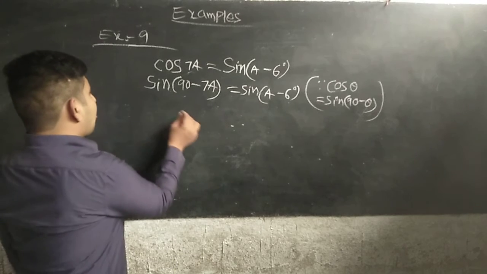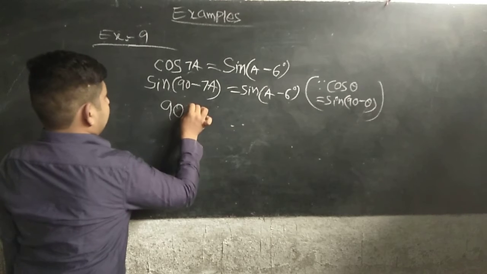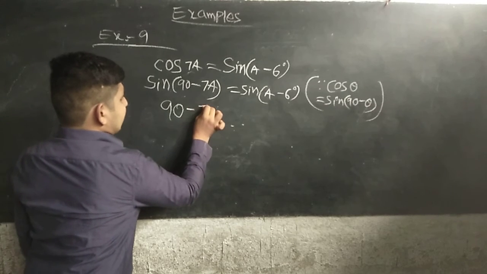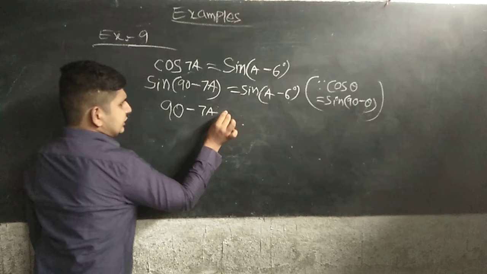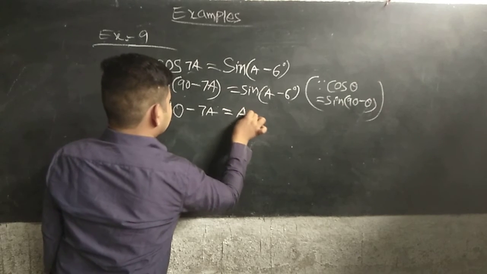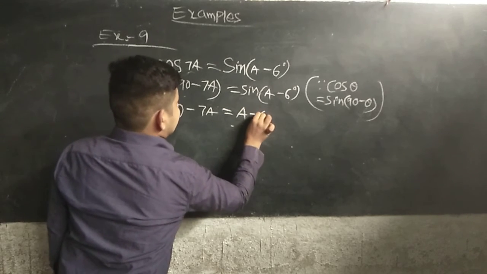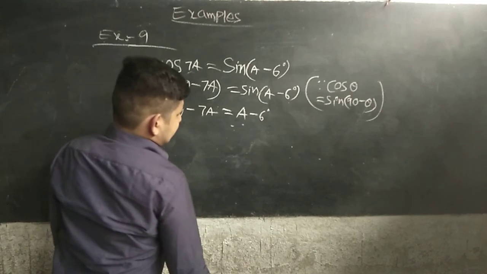So therefore 90 minus 70 equal to A minus 60 degrees.